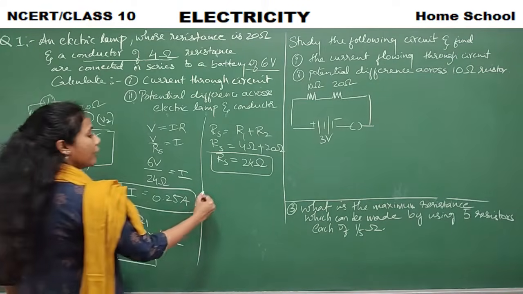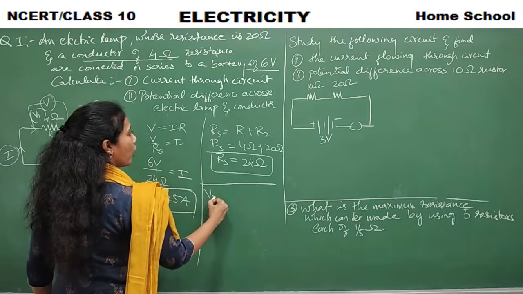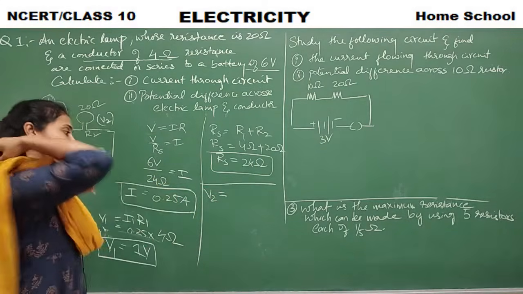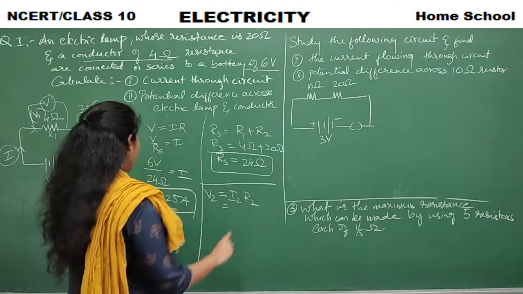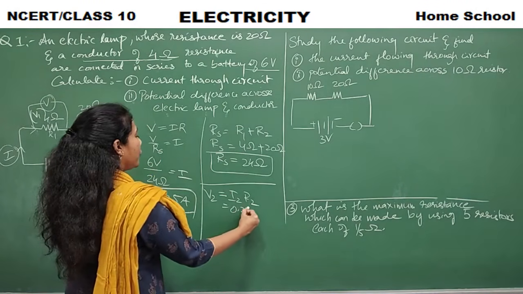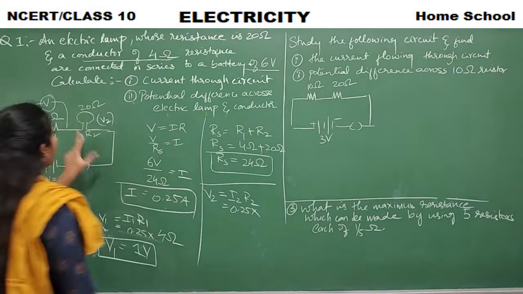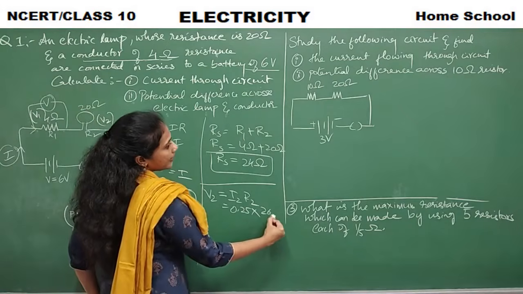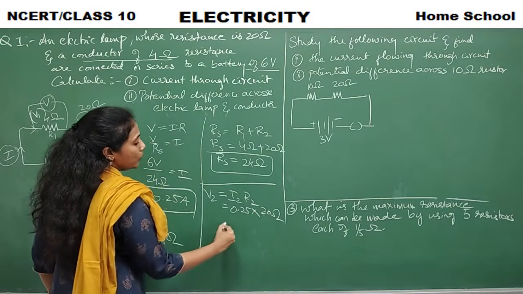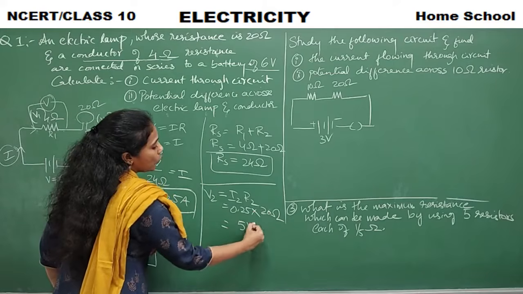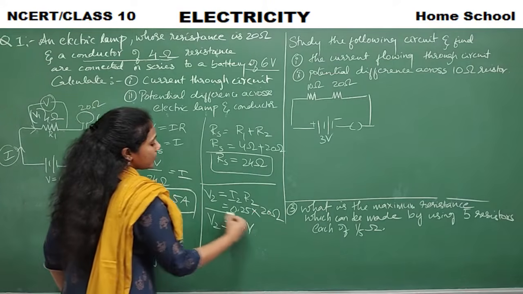So similarly, you should calculate V2 also. So what is V2? Same, I2 R2, I is constant, right? So 0.25 into R2, that is 20 ohms. So 0.25 into 20, that is 5 volts. V2 is 5 volts.